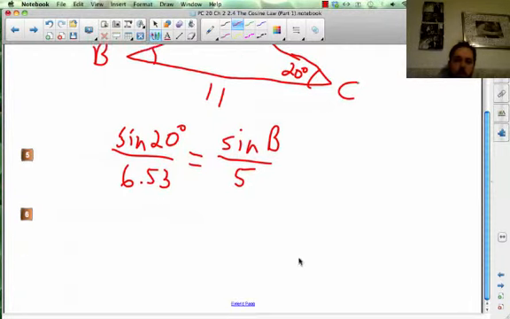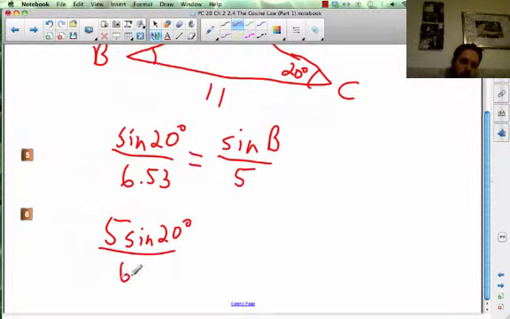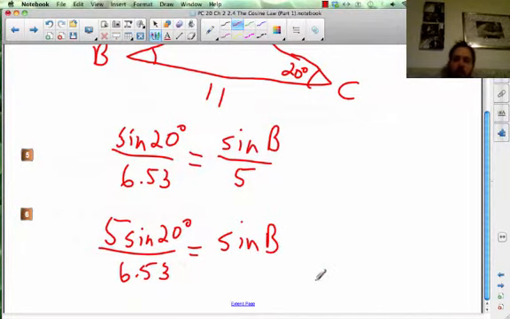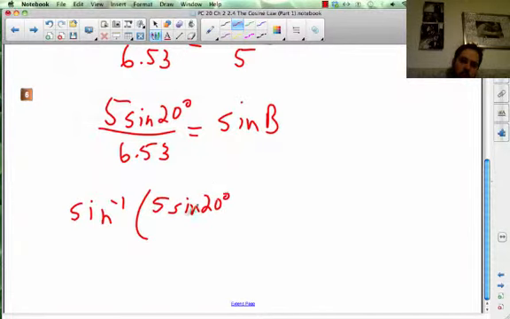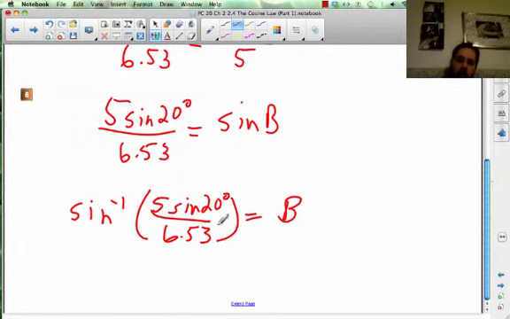So multiply both sides by 5 and we get 5 sine 20 degrees over 6.53 equals sine B. Of course, we're not trying to solve for sine B, we're trying to solve for B. So take the inverse sine of both sides, sine minus 1, 5 sine 20 divided by 6.53 equals B.